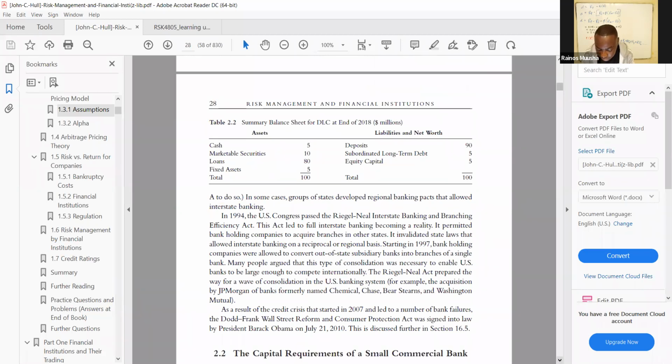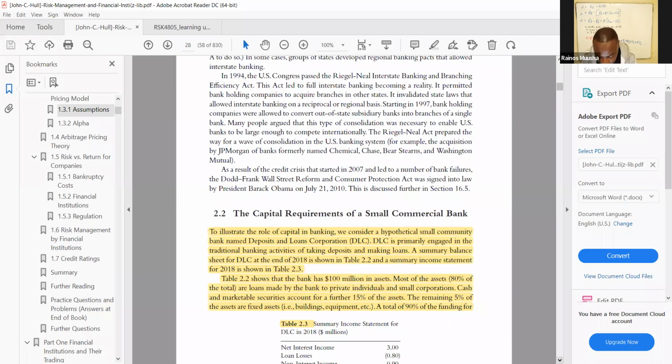Based on this, they say, to illustrate the role of capital in banking, we consider a hypothetical small community bank named Deposits and Loans Corporation, in short, DLC. DLC is primarily engaged in traditional banking activities of taking deposits and making loans.